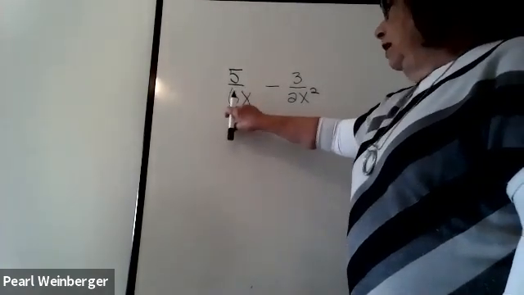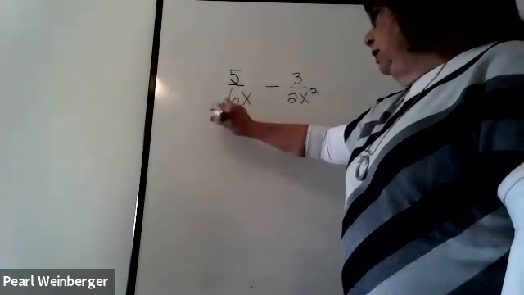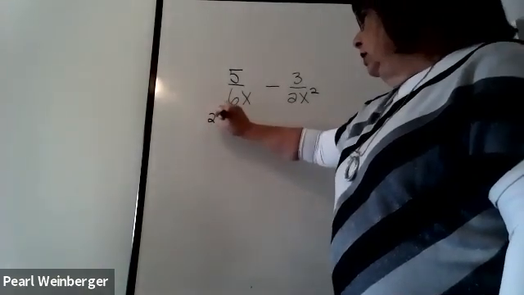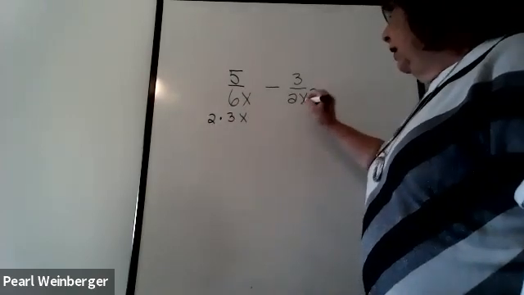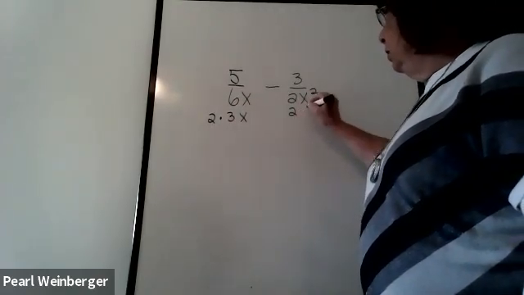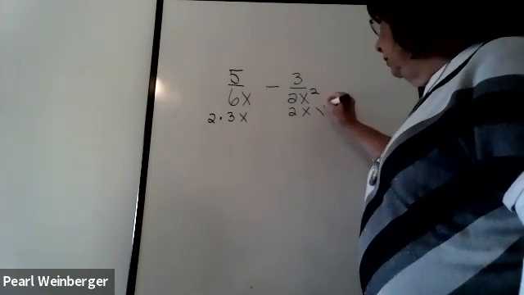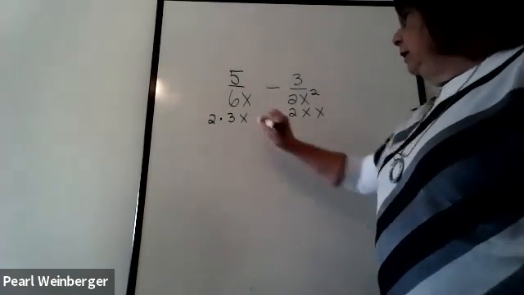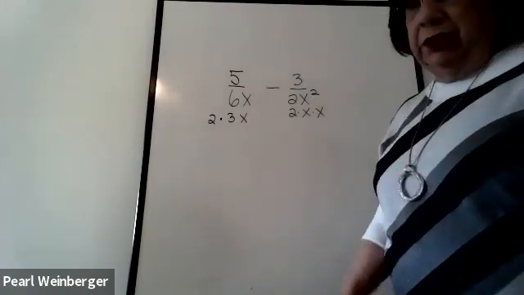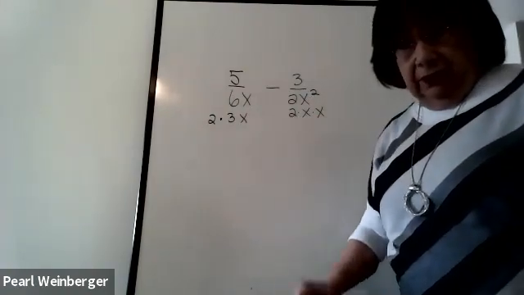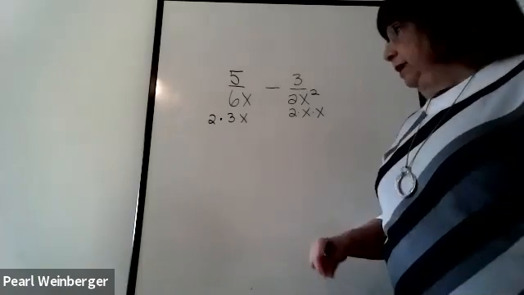Well, if I think about it, this really is 2 times 3 times x, and this is 2 times x times x. Again, I'm going to do this a little quicker in a minute.